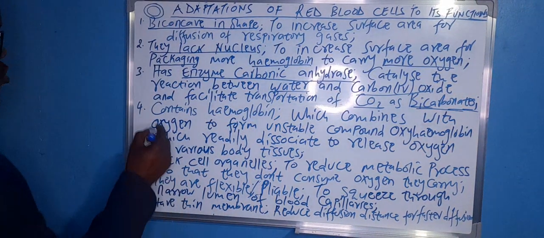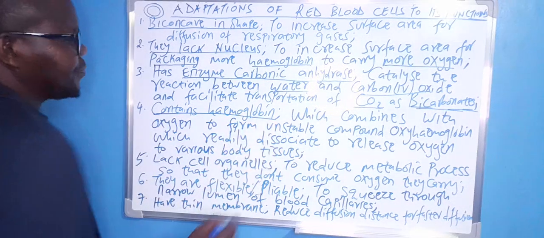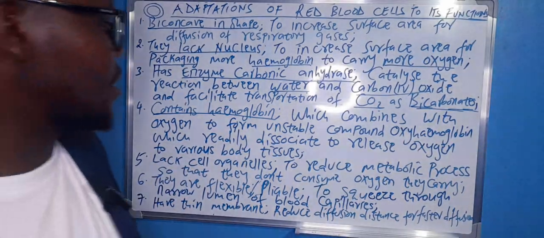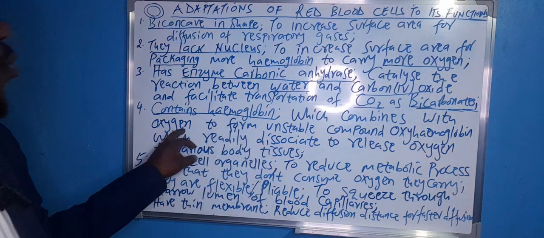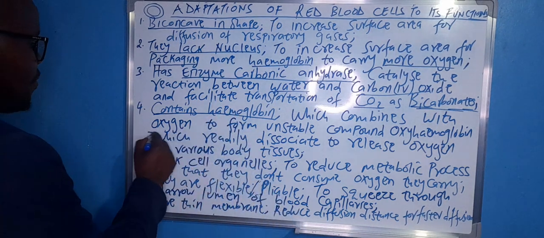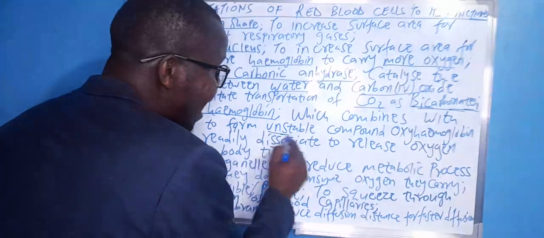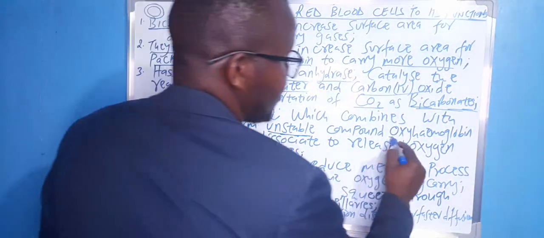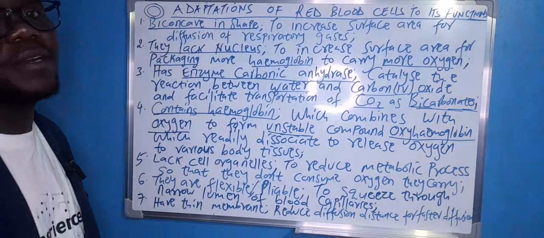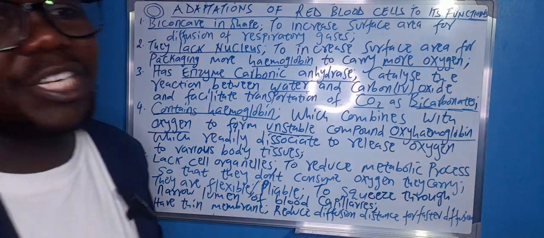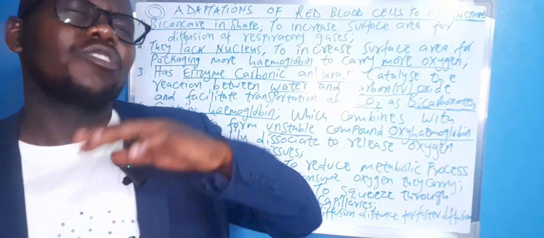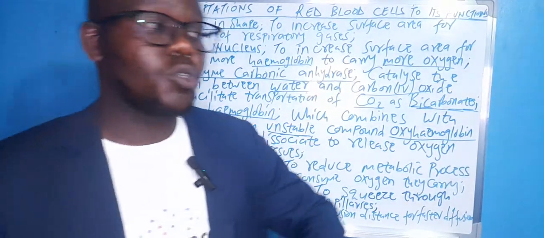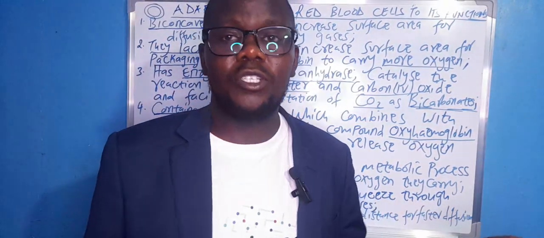Then we have haemoglobin, a pigment. This haemoglobin combines with oxygen, and you form an unstable compound called oxyhemoglobin, which readily dissociates. When you speak about readily dissociating, it's unstable. Because of its unstable nature, the oxyhemoglobin will be broken down into oxygen and haemoglobin.